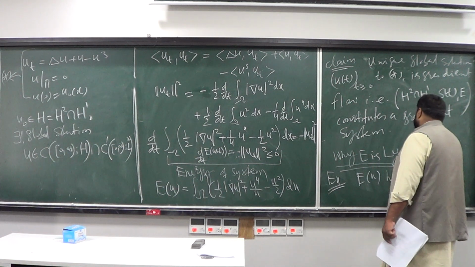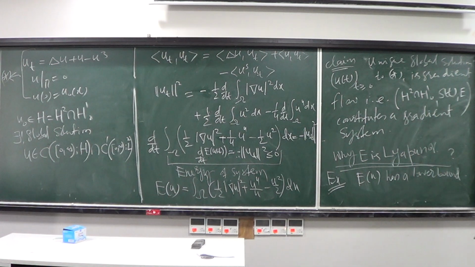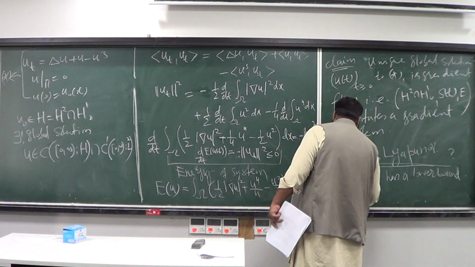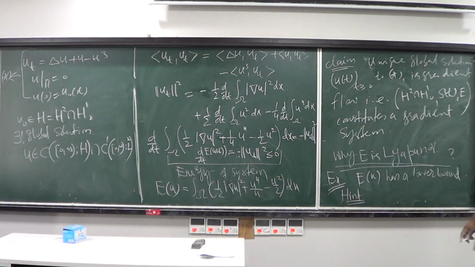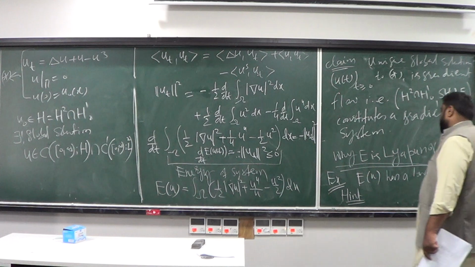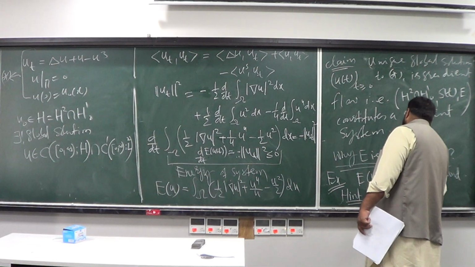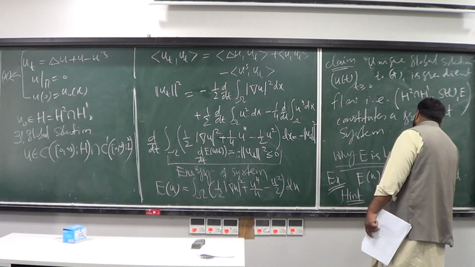The hint is to use this version of Young's inequality: u squared is less than or equal to u to the power 4 by 4 plus 1.